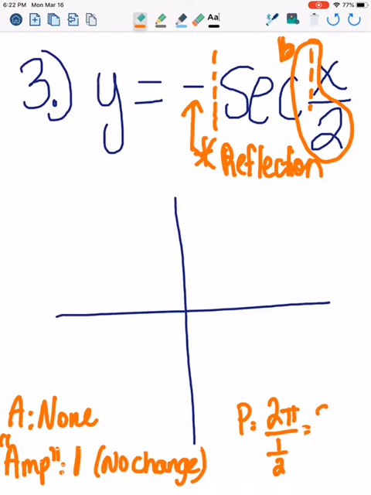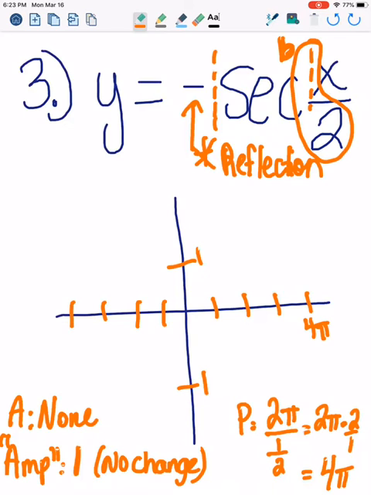And so now we have to do keep, change, flip, which equals 4 pi, okay? So that's how I'm really affecting this graph. I'm not really changing the amplitude at all, the quote-unquote amp. I'm changing the period. All right, so if I have 4 pi here, I'm going to divide that by 4, which will give me pi. I'm going to divide 4 pi by 2, which will give me 2 pi, and then I'm going to times this first one by 3. Okay?